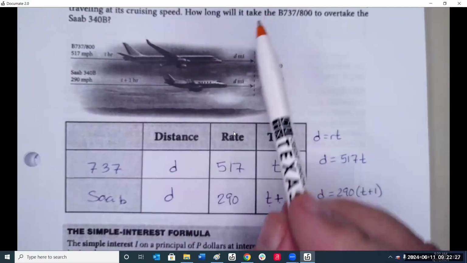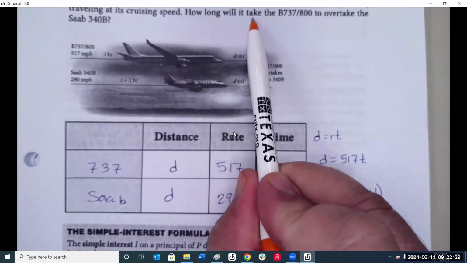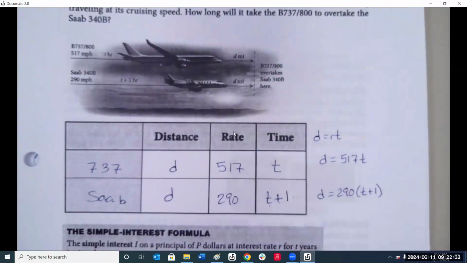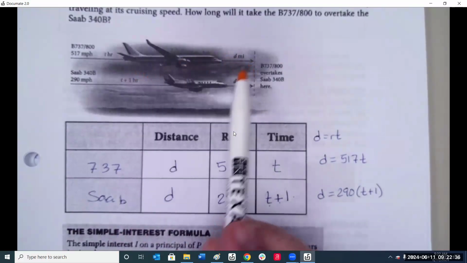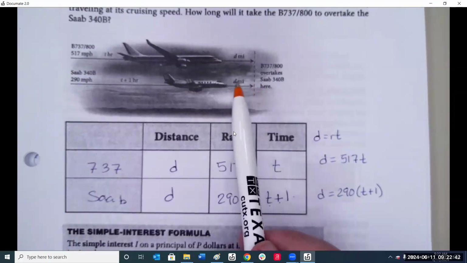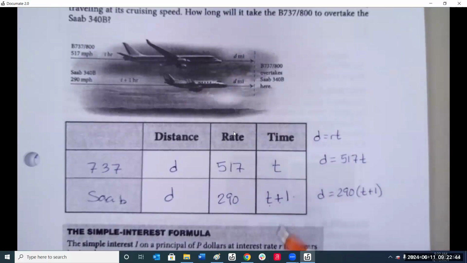But we're asking here, how long will it take the 737 to overtake the Saab? So the moment they're equal in distance, that's when anything after that is when the overtaking happens.